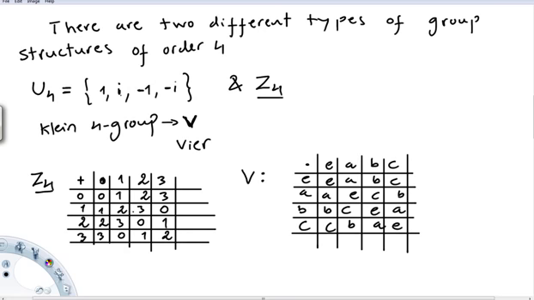Looking at the Cayley table, you can see that this is a group, right? And this is a sort of structure, and this is on the left, and on the right you have the Klein-Vier group, the Klein-Vier group, under this Cayley table.